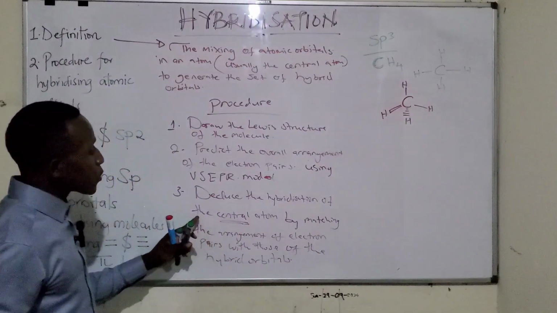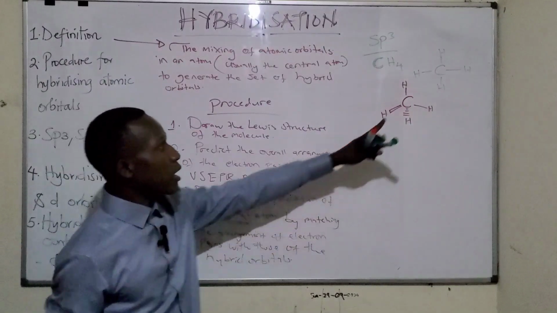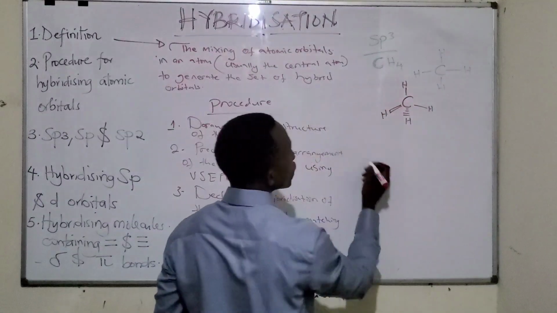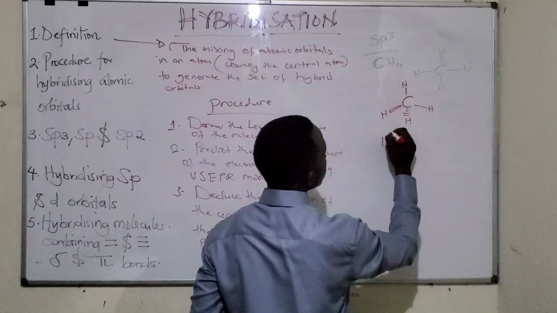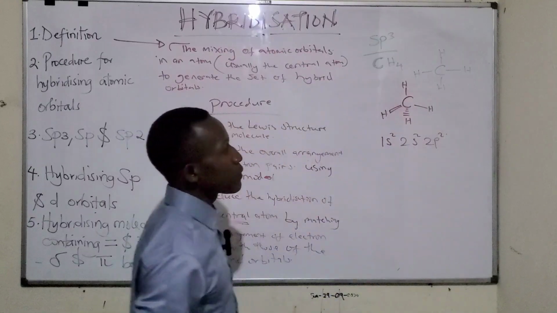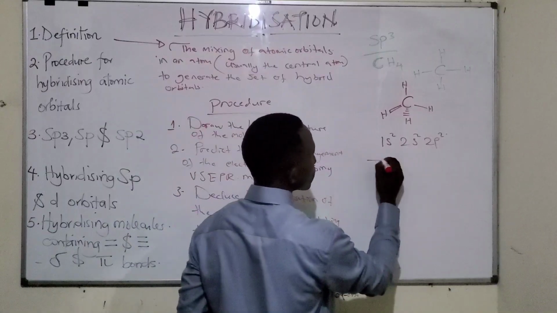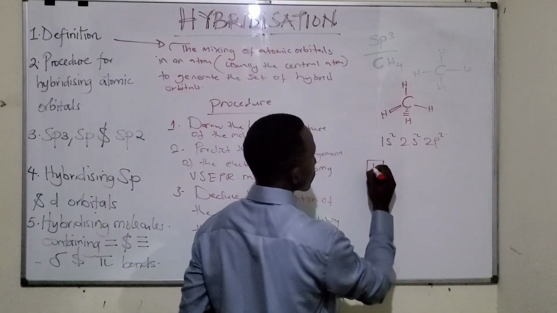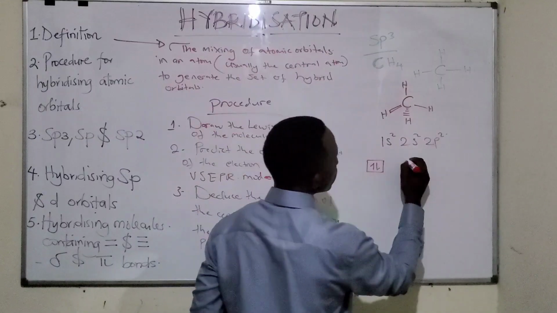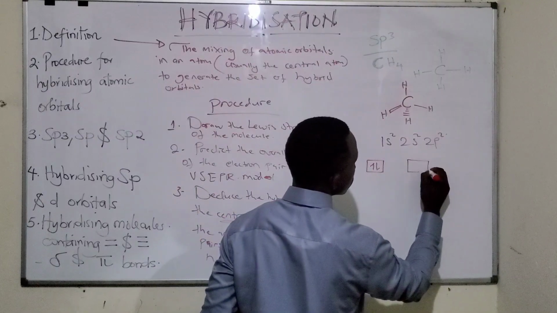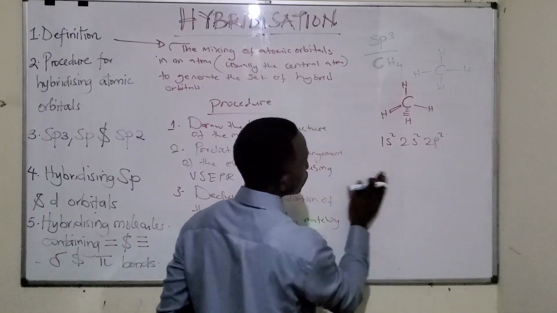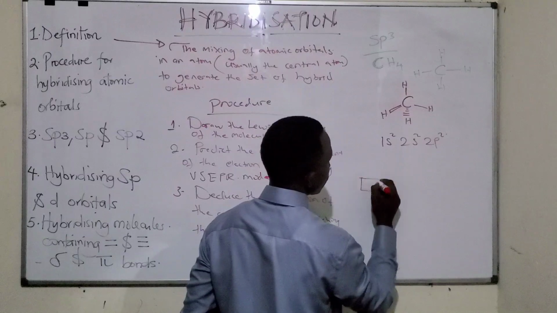Now what we need to do is to hybridize carbon such that we can have this shape, because the electron configuration of carbon is 1s2, 2s2, 2p2. So at ground state we are having this. This is the first shell. Then we have the second shell like this. But let me draw it such that we show that they are at different energy levels.